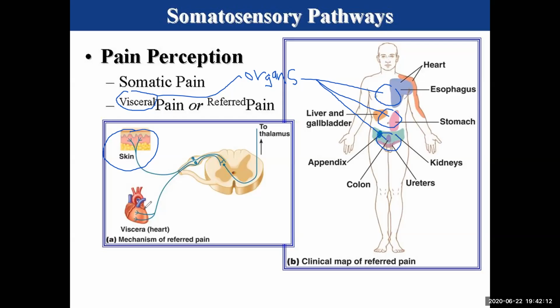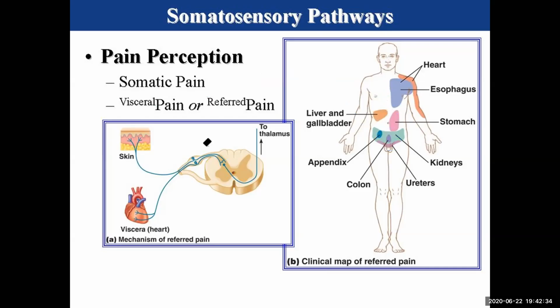It's not possible because we don't have that direct line of communication from the visceral organ to the primary somatosensory cortex. And we call that visceral pain or referred pain. Whereas with somatic pain, every single peripheral location has a direct line to the primary somatosensory cortex. So these are the areas of discomfort if you have a problem with these visceral organs.